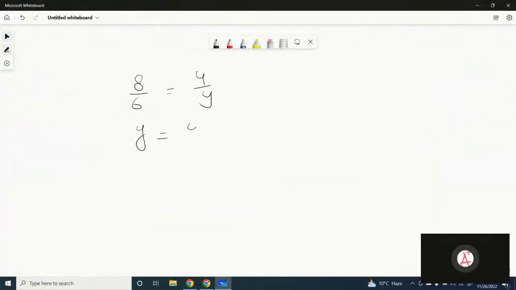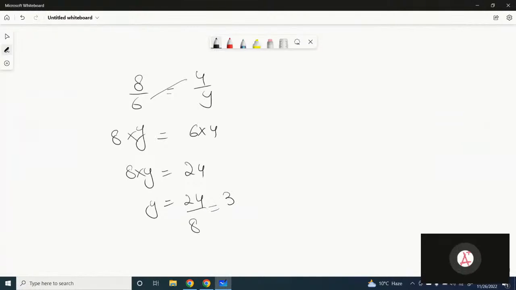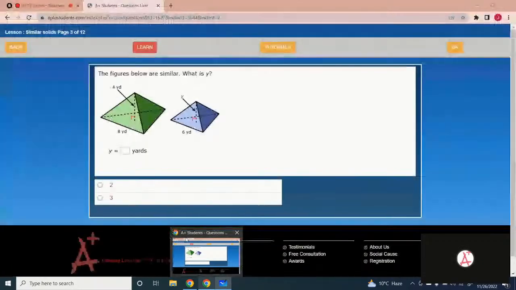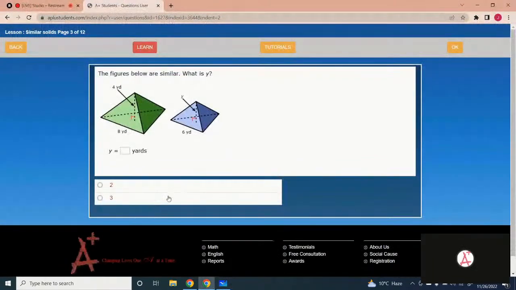It would be y is 6 times 4 divided by 8. 6 times 4 is 24. You have to divide it by 8. 8 times 3 is 24. So the missing length is 3. Just select the correct option and click on the OK button.